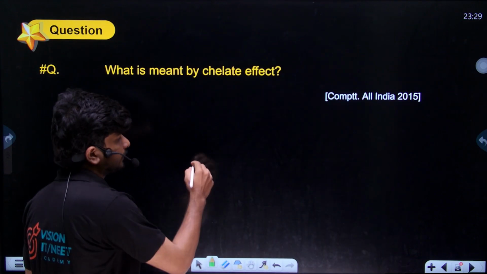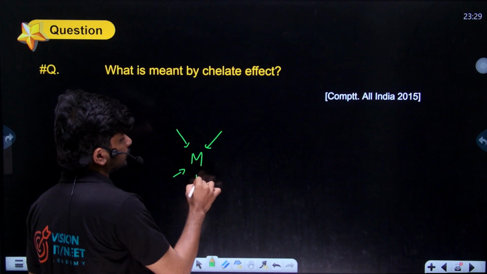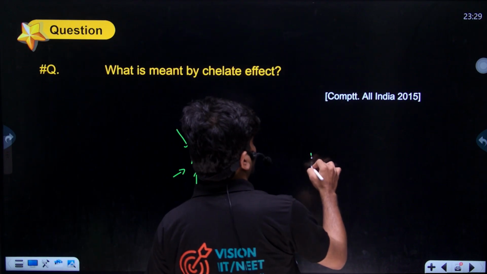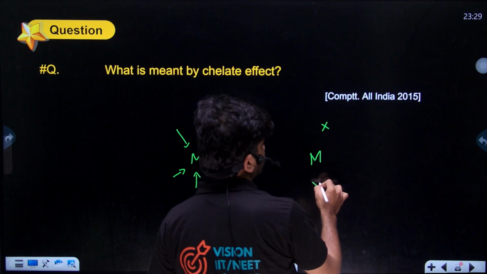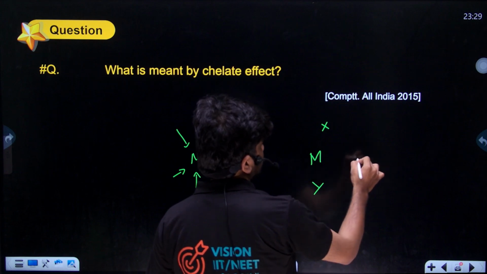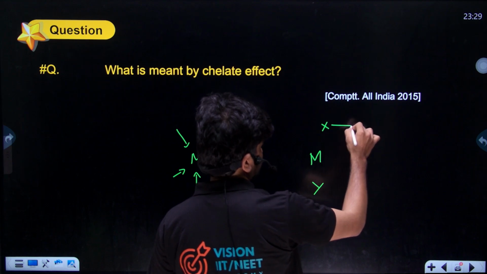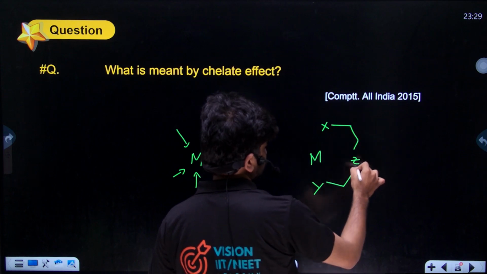Suppose you have a metal atom with many donating atoms, mostly monodentate. Now suppose you have a compound with more than two donating atoms, say Y, Z, all of which are donating atoms. This is an example.